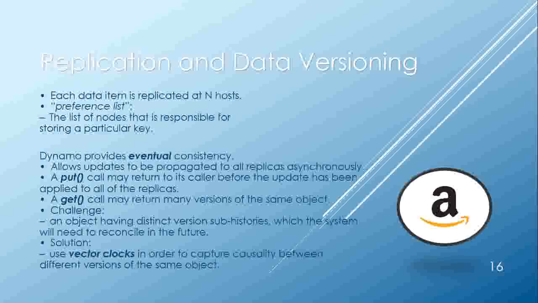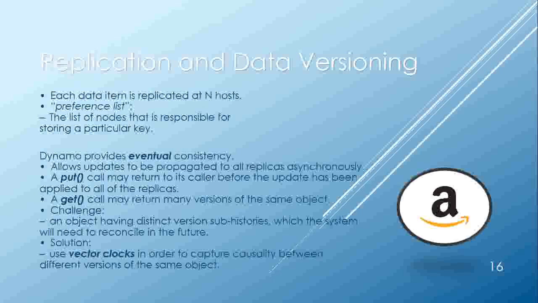replication and data versioning. The replication is done at n hosts. We have a preference list, which has a list of nodes responsible for storing a particular key. So the replication of data is done at n hosts from the preference list.